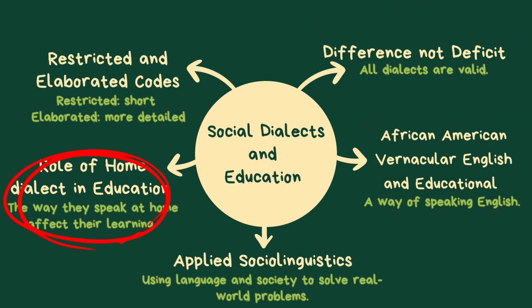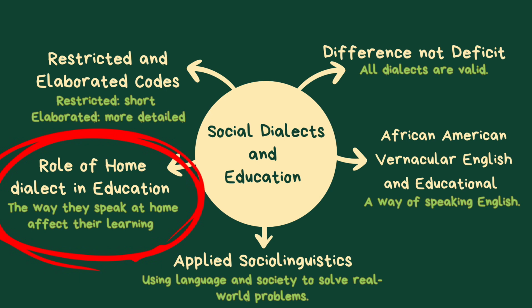Next, the role of home dialect in education. It means how the way students speak at home affects their learning. For example, a teacher allows students to write the first draft in their home dialect before translating to standard English.